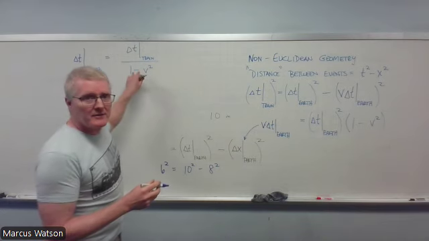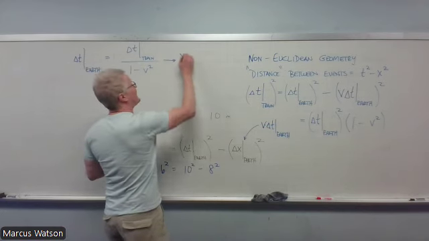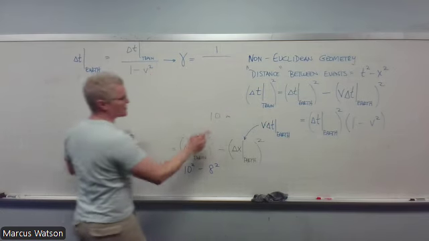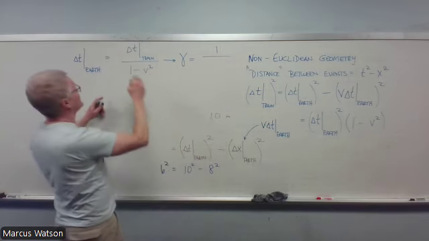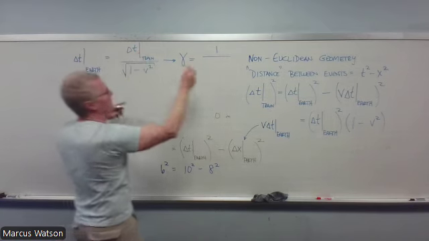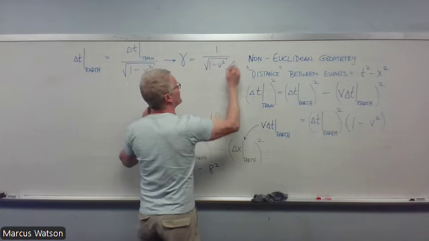This quantity, 1 minus v squared, is so important we call it something. We define it as gamma, which is 1 divided by, oops, I forgot a square here. I forgot squares. This has a square root on it now because I just dropped the squares off there, so I square rooted the whole thing. Great, square root of 1 minus v squared. That's what gamma is right there.